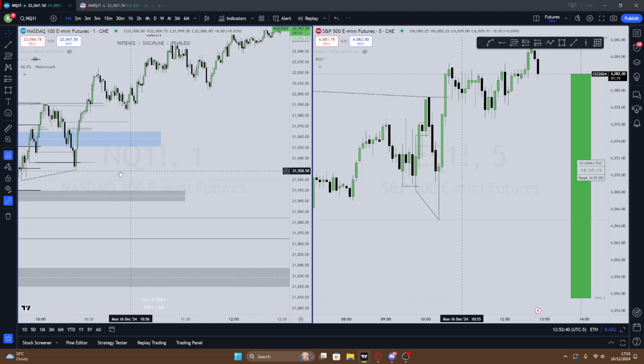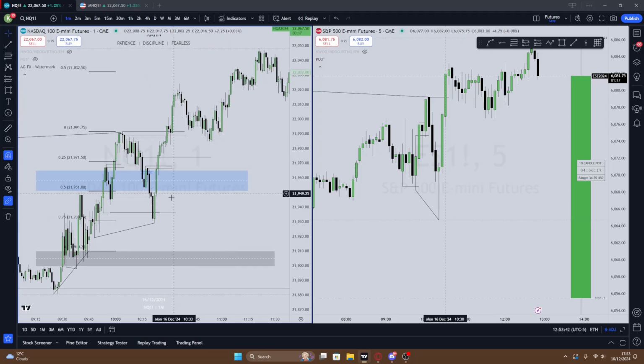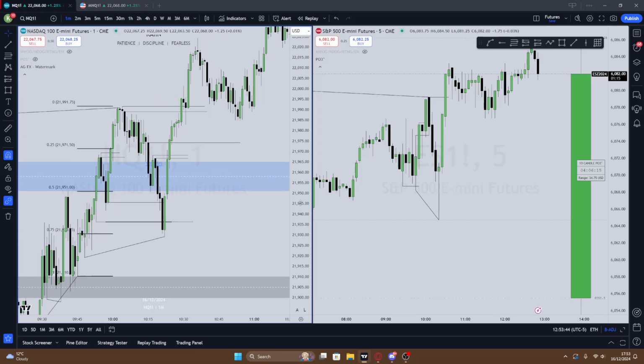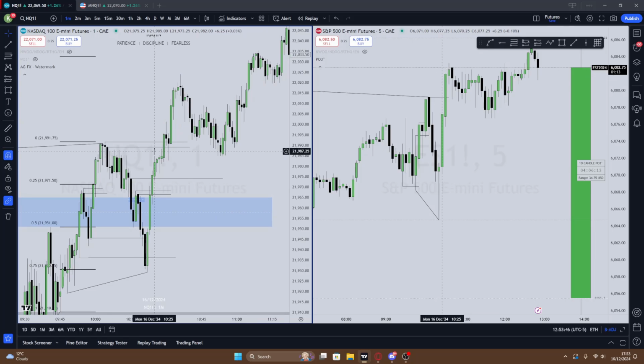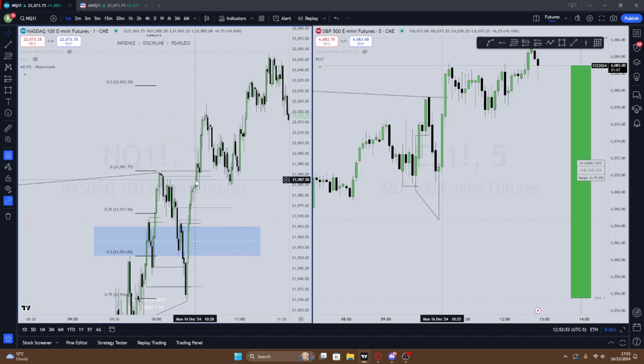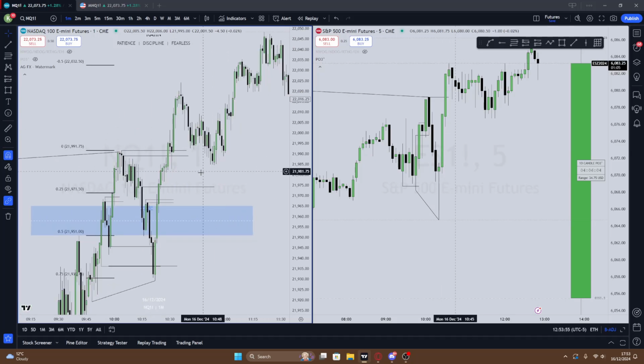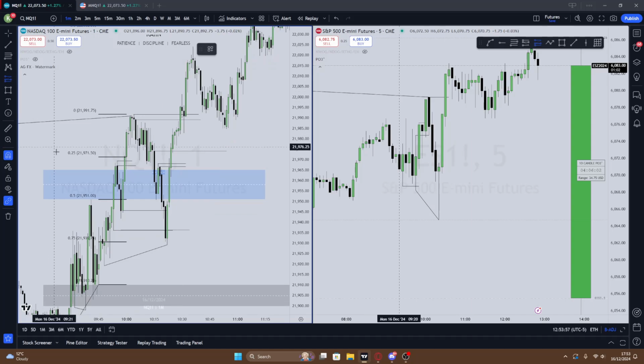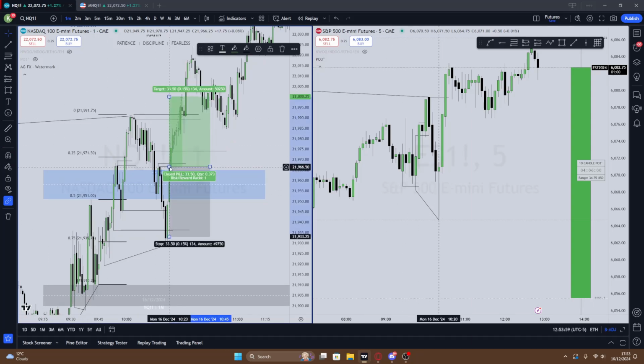You also could have had an entry, say this fair value gap. You could have had your stop here. That would have been fine, but you probably would have been stopped to break even. Now, my entry, I wanted it to be at this order block or at the breaker.